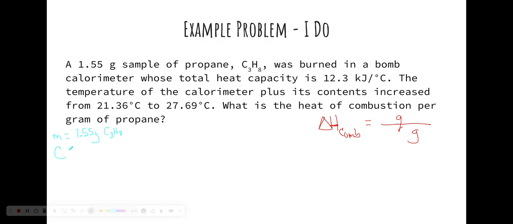So we have capital C, and that is 12.3 kilojoules per degree Celsius. We were given the initial temperature, Ti, which is 21.36 degrees Celsius, and then we were given Tf, which is 27.69 degrees Celsius.